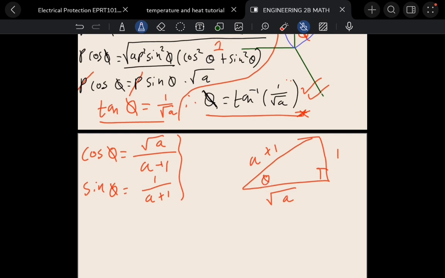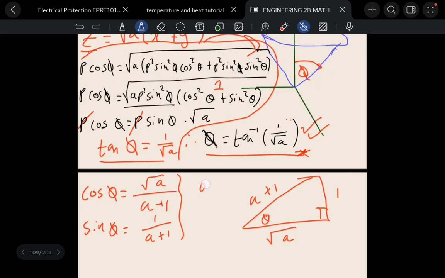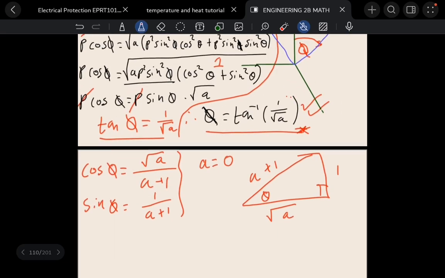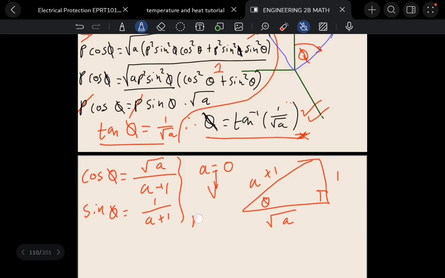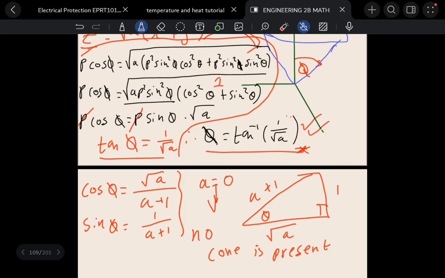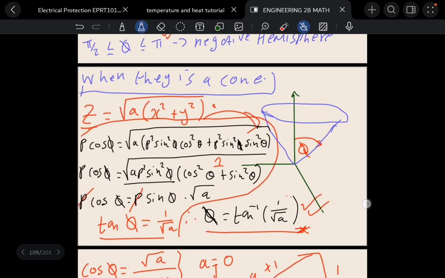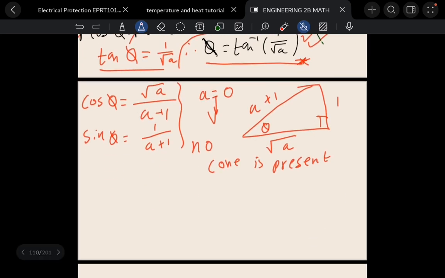It was me that had the problem. So a may be 0, a may be something. A can be anything that you want. Now, when a is equal to 0, it means that no cone is present. When a is equal to 0, we mean there is no cone present. Right. So I think that is a good practice or intuition looking at the thing.